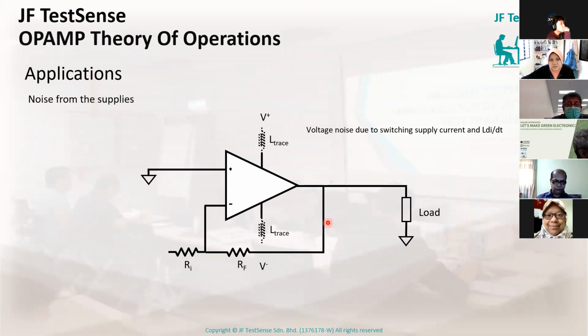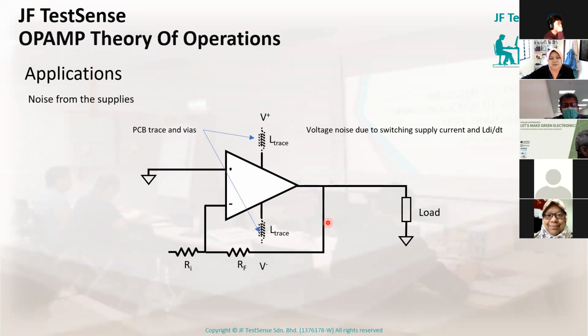Now, when we design op-amps into our test circuit, or when we test op-amps, there are two things. One is the application. Test circuits use a lot of op-amps for buffering, filtering, and so on. But when you actually apply these op-amp circuits on your board, you must think about the inductive effects of supply traces, and how you counter that.